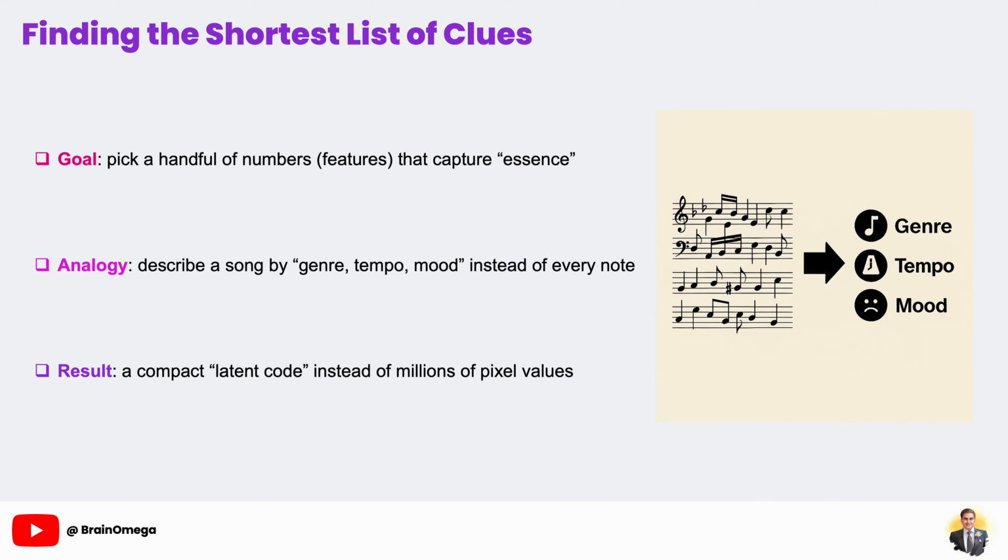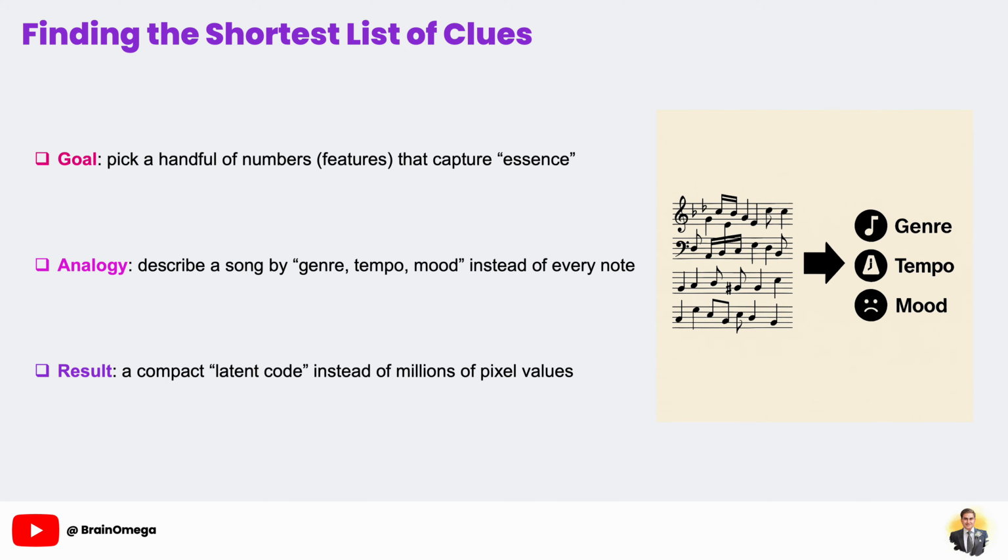Similarly, a generative model's encoder tries to find a handful of numbers, sometimes 20, sometimes 100, that capture the essence of a high definition image. Those numbers form the latent code. Once you have that code, you don't need all 1 million pixel values stored separately.